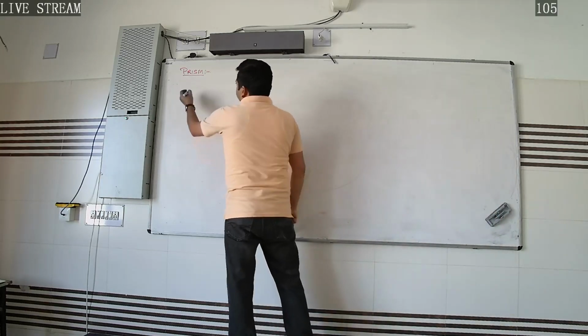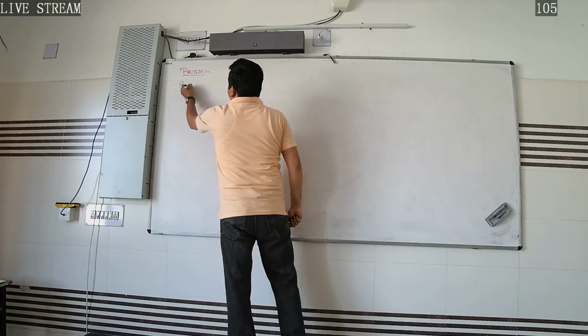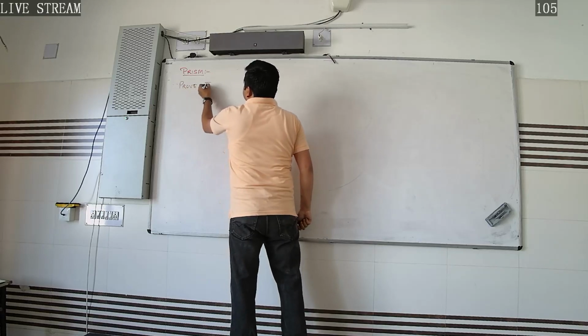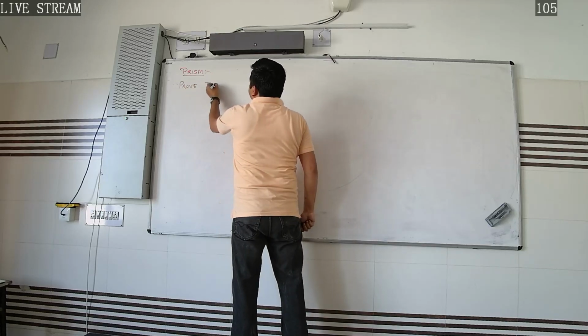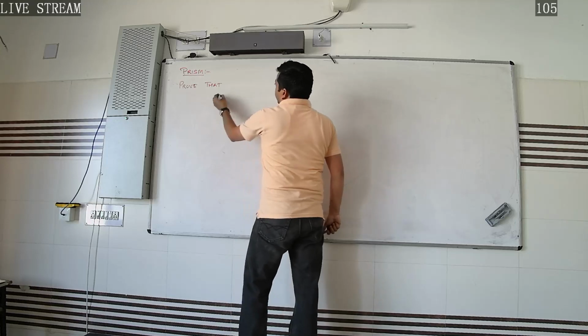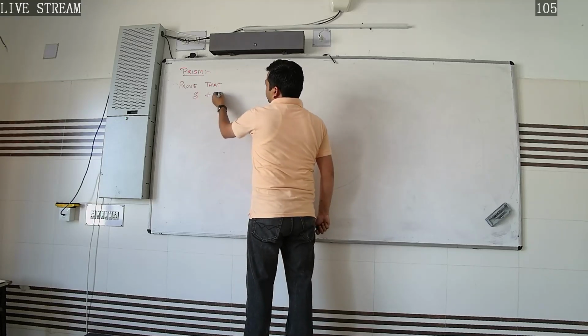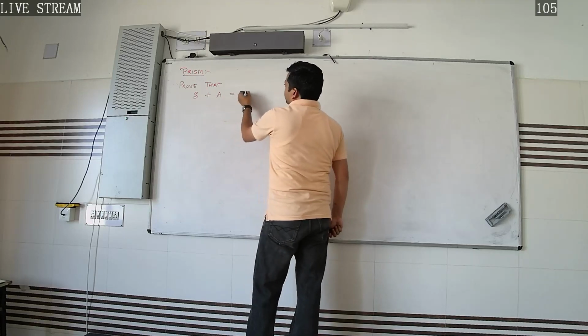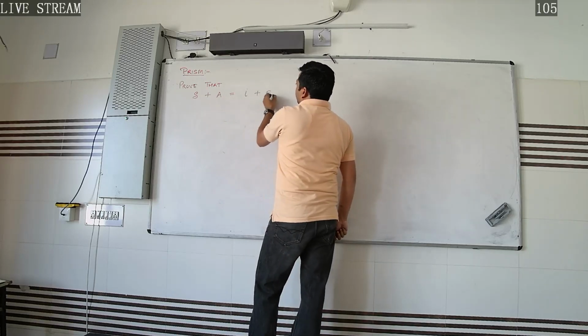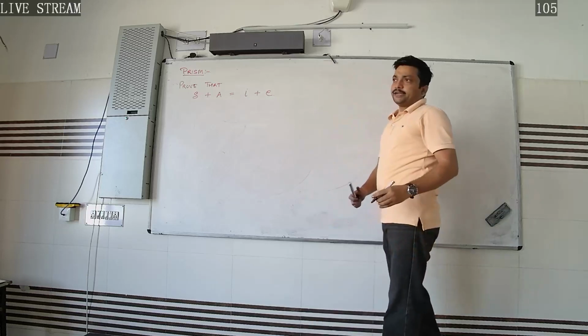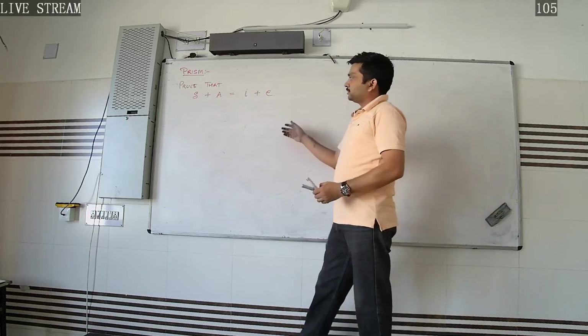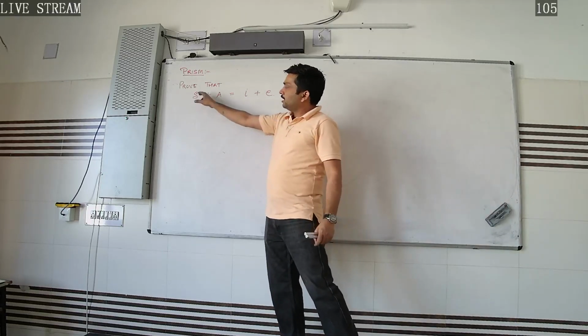The question is, prove that delta plus A, that is deviation plus angle of prism, is equal to the sum of angle of incidence and angle of emergence. This derivation is a 3-mark question.